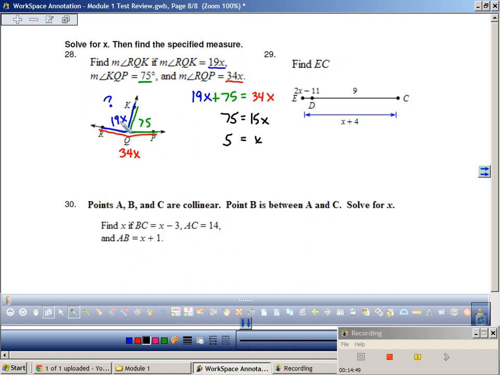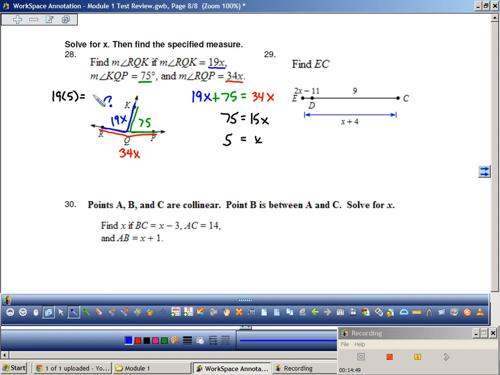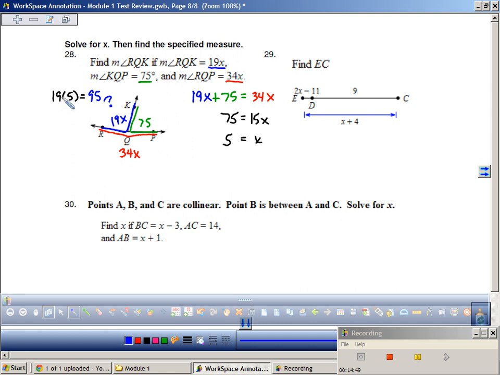What am I going to do with 5? Substitute it back in. So now, if this says 19x, I can use 5 to say, what's 19 times 5? 95. You know how you could do that really quick in your head? I may not know what 19 fives are, but I know what 10 fives and 9 fives are.